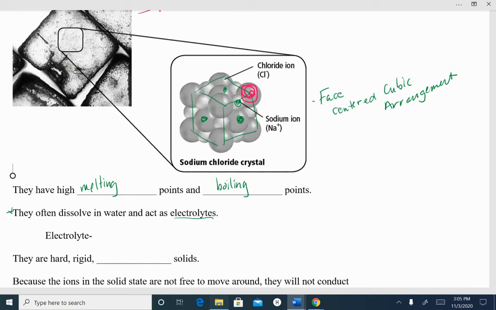Maybe it has something to do with electricity. It sure does. So an electrolyte is a substance that, when dissolved in water, will conduct electricity. Okay?